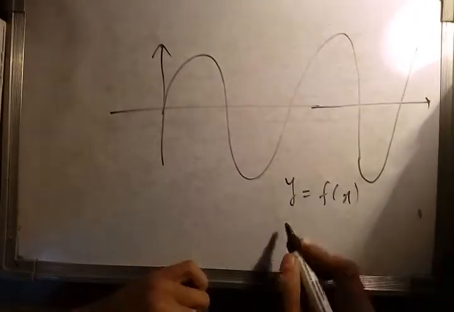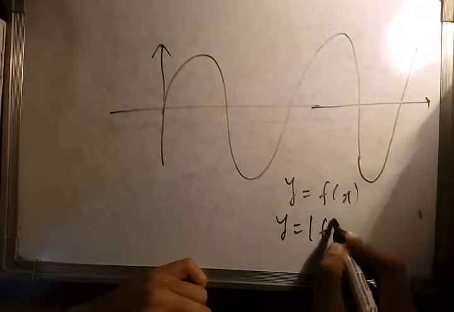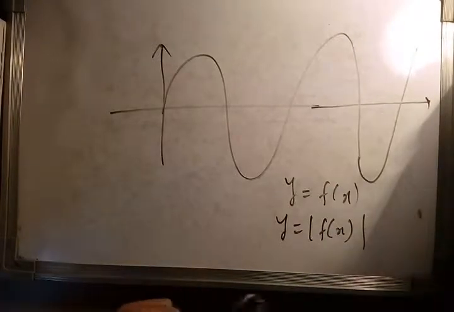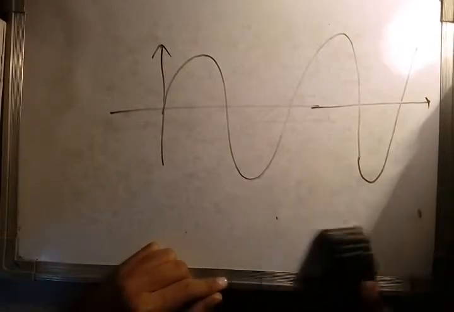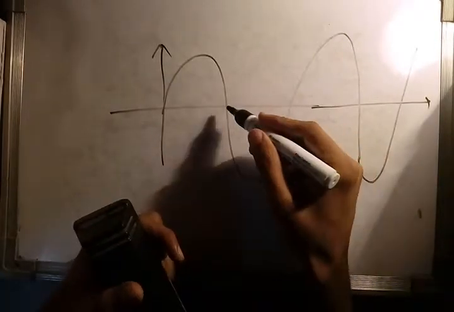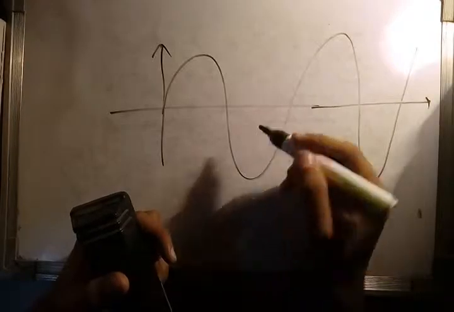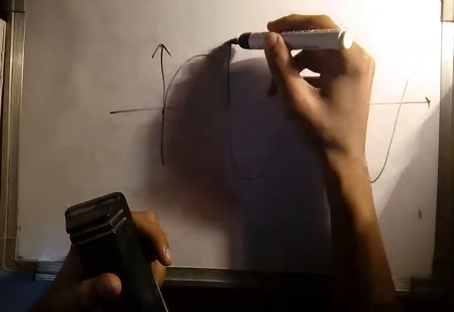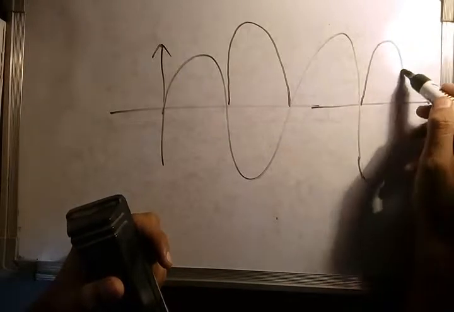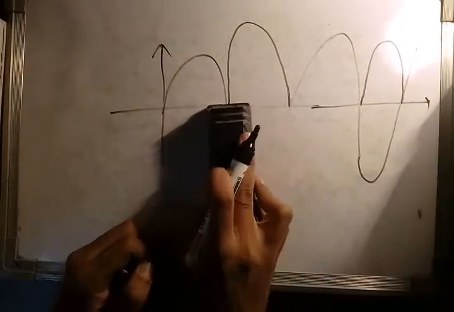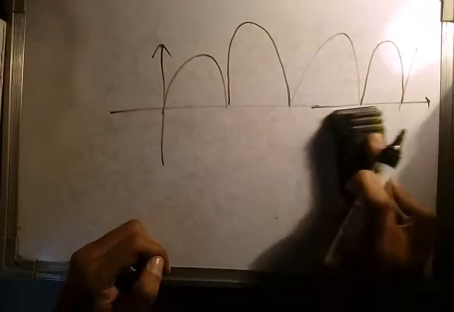If I have to make y is equal to mod of f of x, you have to apply your basic rules, basic mathematics, and you're going to get this graph. The negative part of the graph will become the positive part in symmetry. This part becomes this part. You're going to rub this one, and then rub this one.